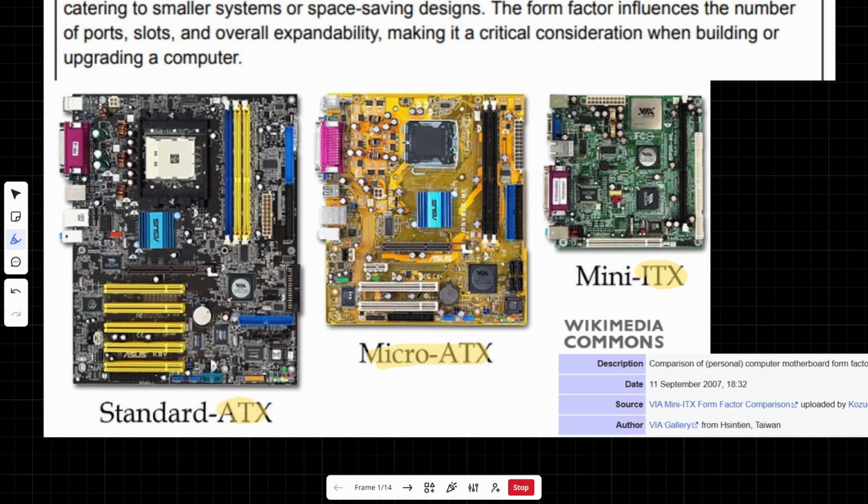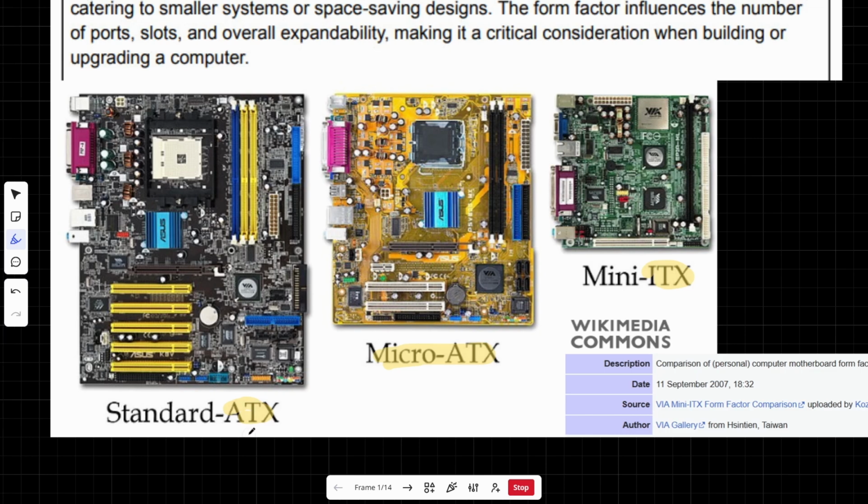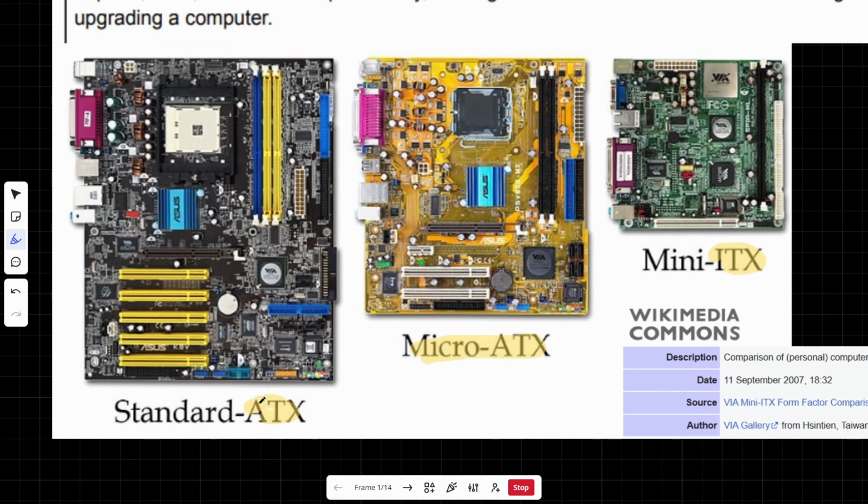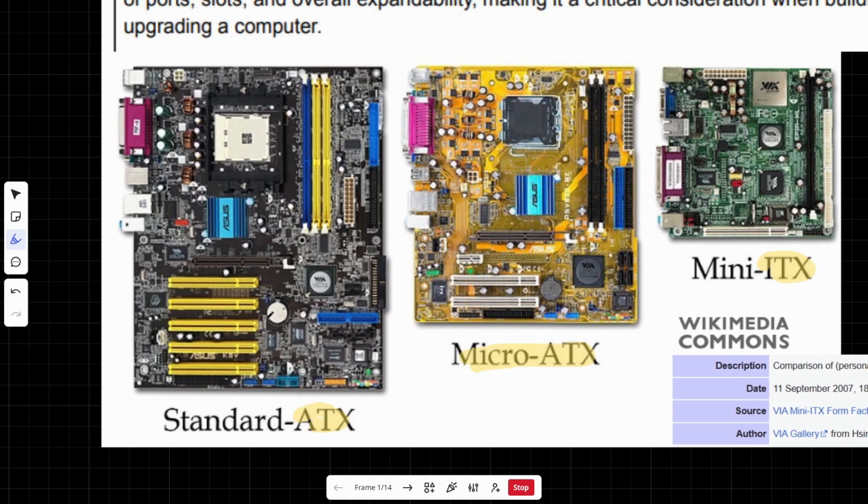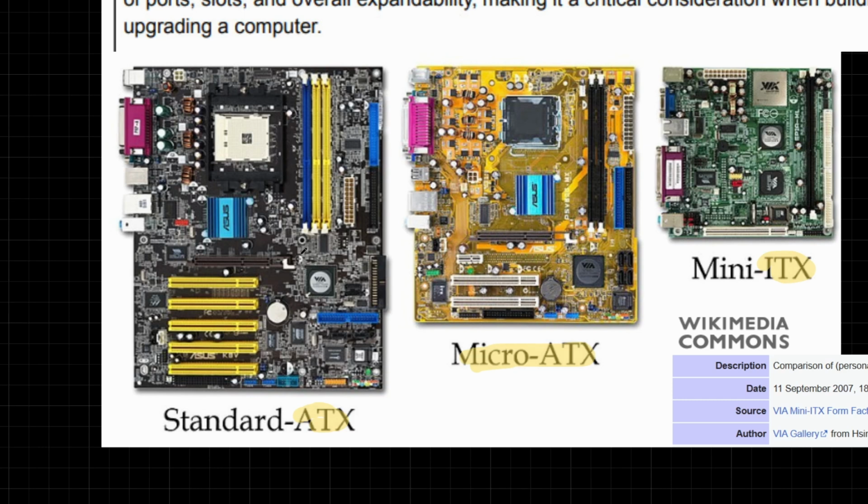You need to know about the three different form factors and types of these motherboards, and you need to be able to essentially say, okay, based on your needs, I'm going to recommend you this particular type of motherboard. And long story short, as a broad overview, the differences are the ATX, the standard ATX, is much bigger and offers more capabilities for expansions. This is a full-sized desktop setup.